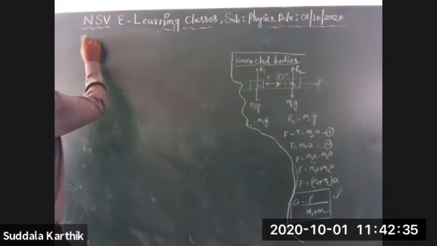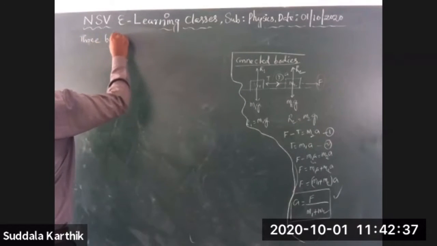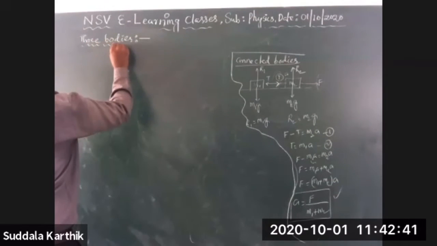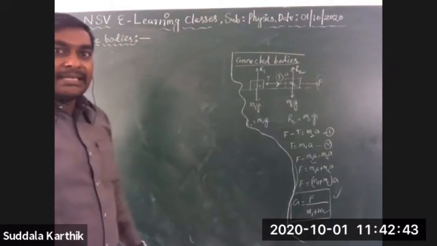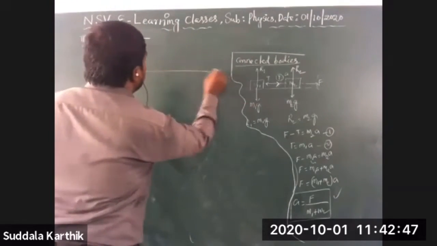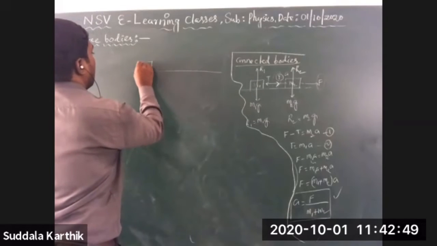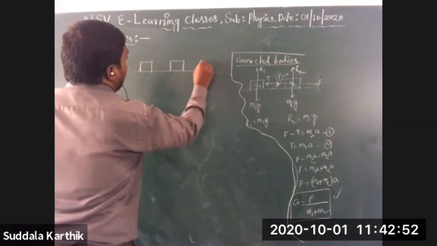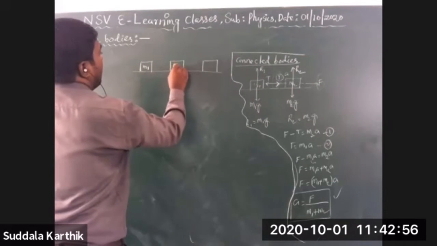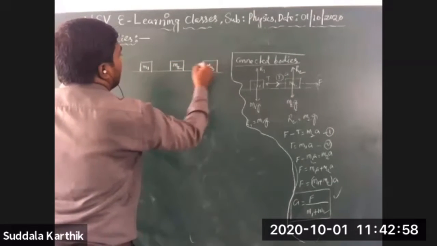In case of three bodies, what you have to do? You know very well about that. This is the first body, this is the second body, this is the third body. This is M1, this is M2, this is M3.